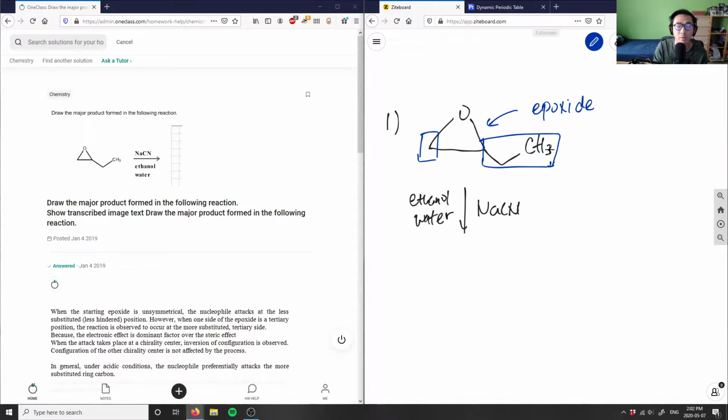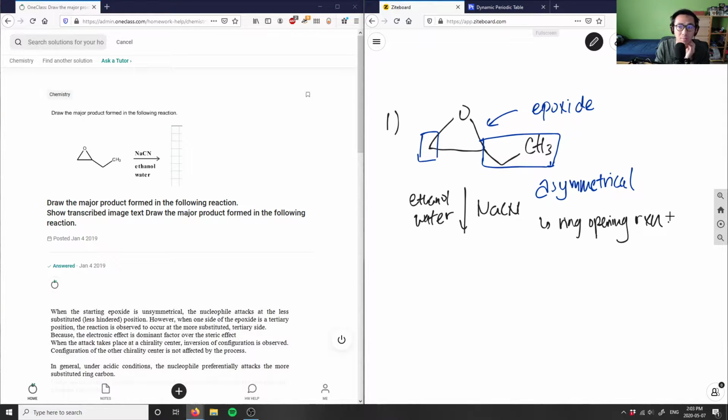As you can see, if both of these groups don't match, then this is an asymmetrical epoxide. This is important especially when we talk about ring opening epoxide reactions. If we have an asymmetrical epoxide, one of two things could happen. Every time you react it with acid or base conditions, it's going to open up the ring. So we know that this is going to be a ring opening reaction.